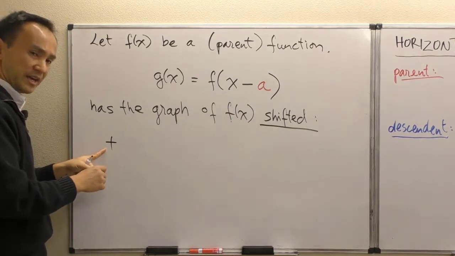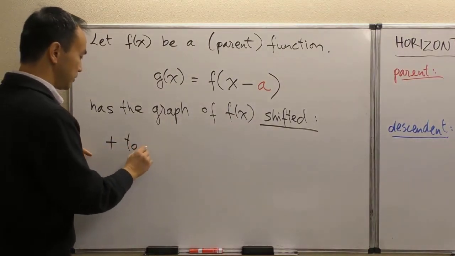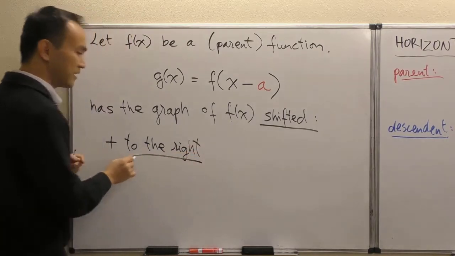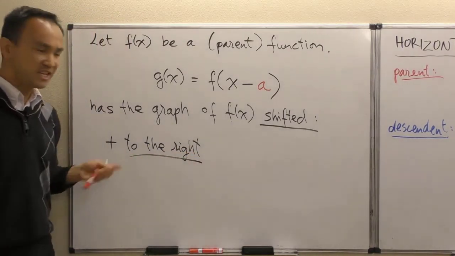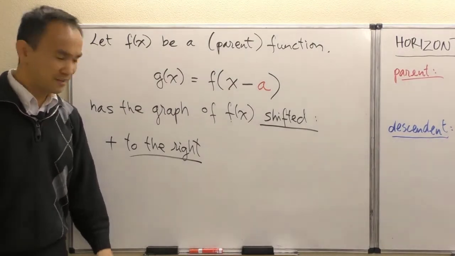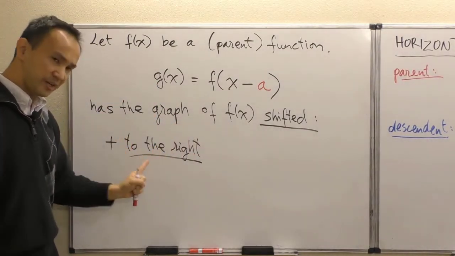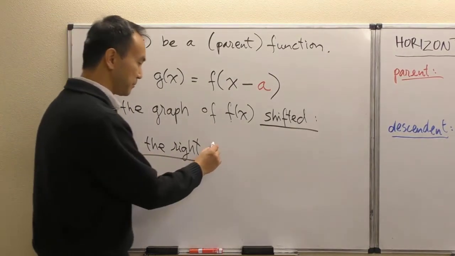So in one case, shift it to the right. That's indicating it's a horizontal shift, so I don't need to say shift it horizontally. So this g of x will have the graph of f of x, but the shifted version, shifted to the right. But by how far?